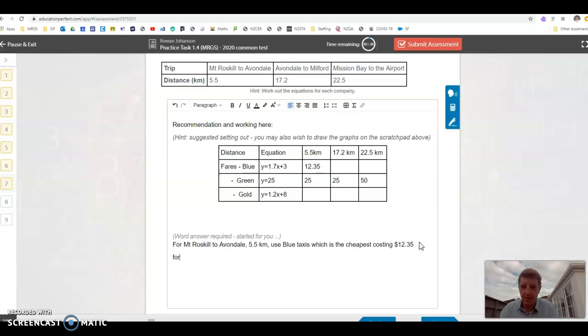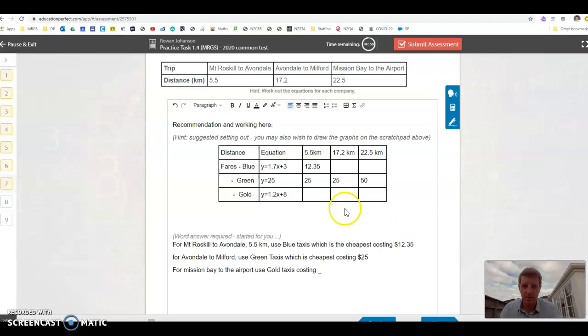The next one is for Avondale to Milford, use green taxis, which is cheapest, costing $25. And then lastly, for Mission Bay to the airport, use gold taxis, costing, which is cheapest, costing, and then you're going to put the cost in there.